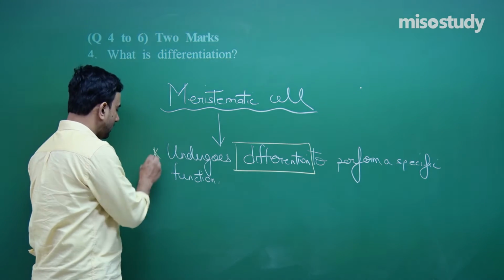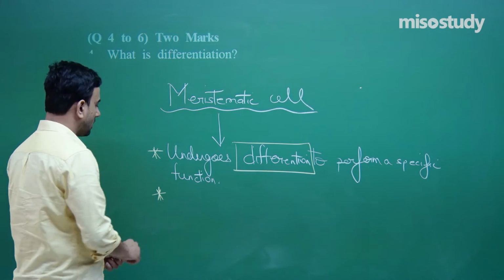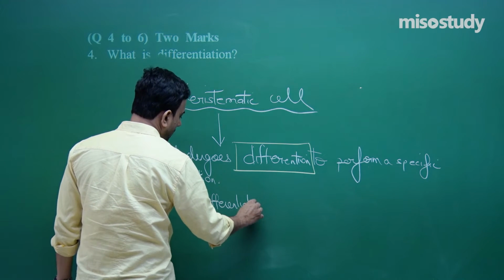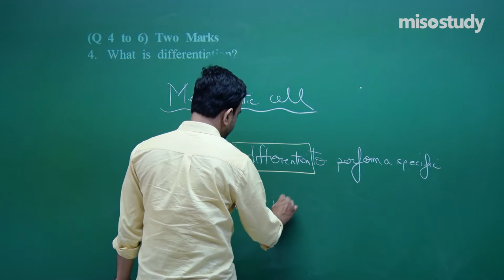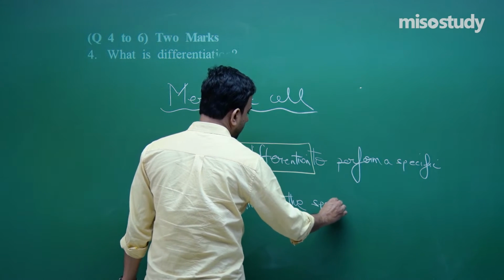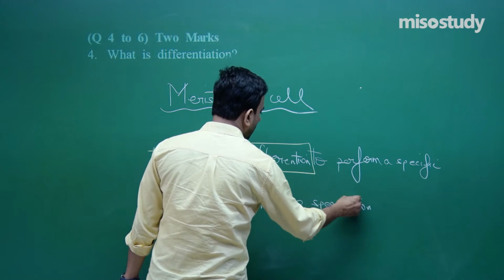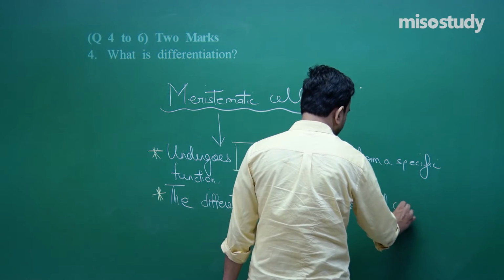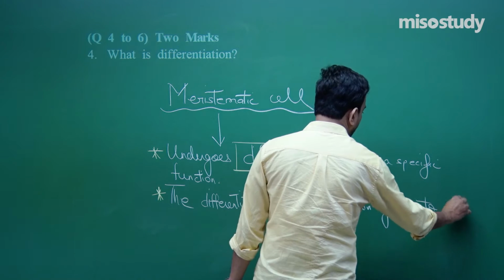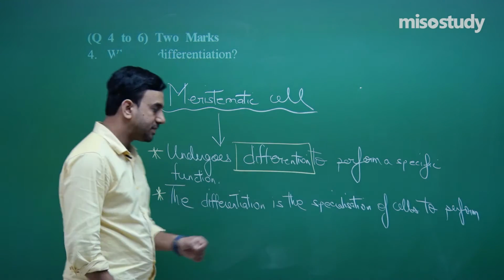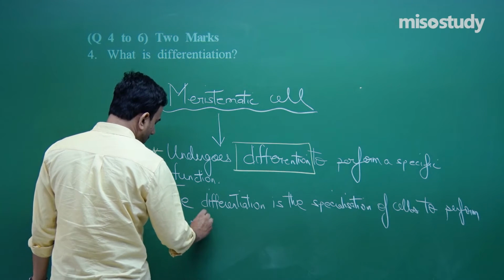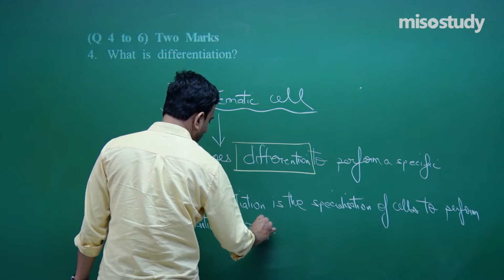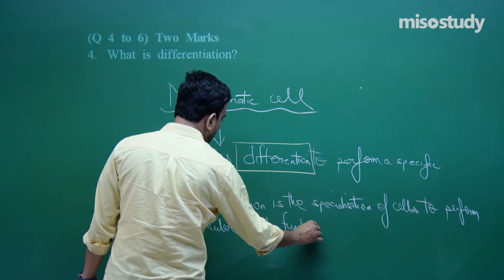and what we see here is that differentiation is the specialization, okay, the differentiation is the specialization of cells to perform a particular specific function, okay.